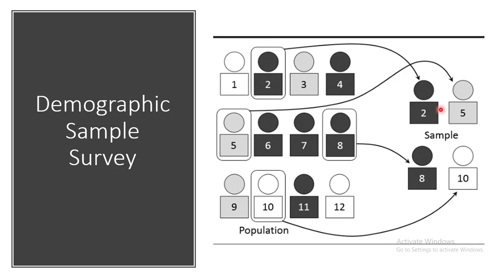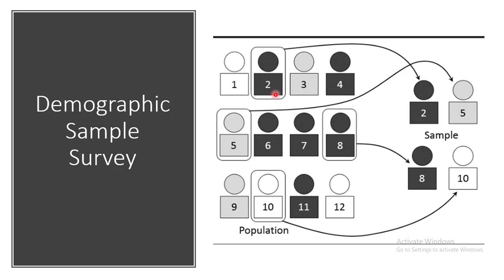So that is why here you see you have two representing the blacks, then you have one gray, then you have here white. So you have the population, but this is the sample, and the sample must be a true representative of the population.